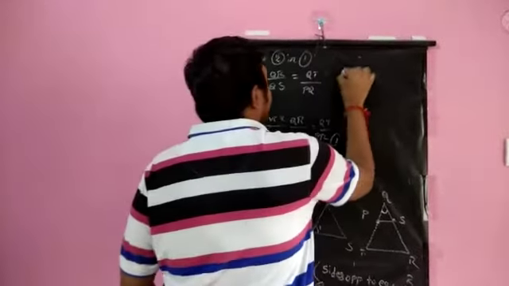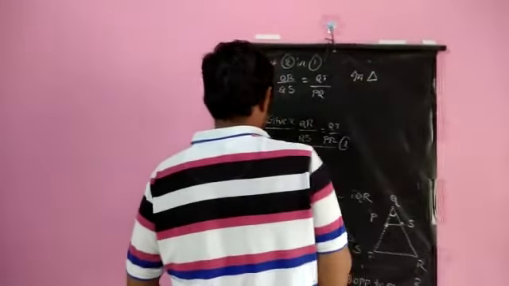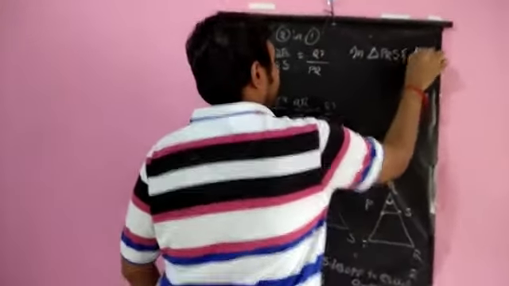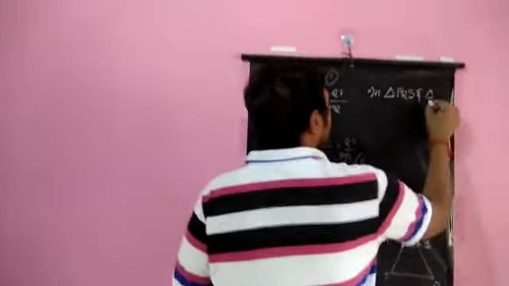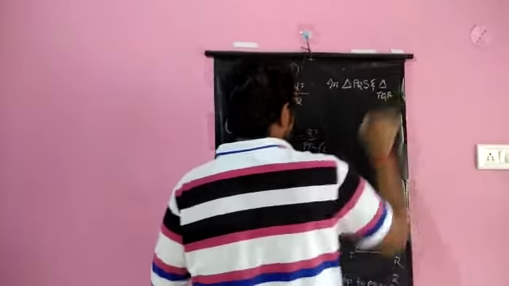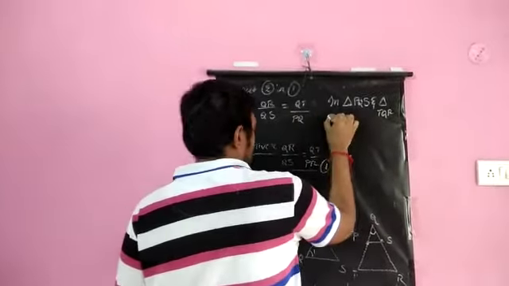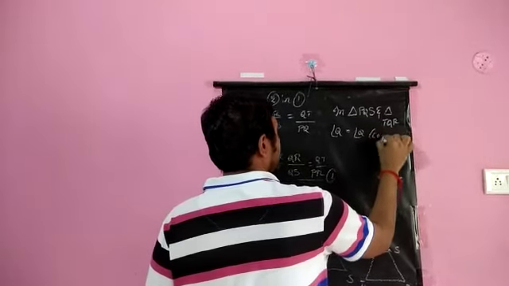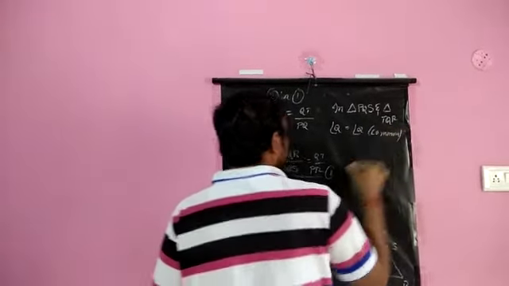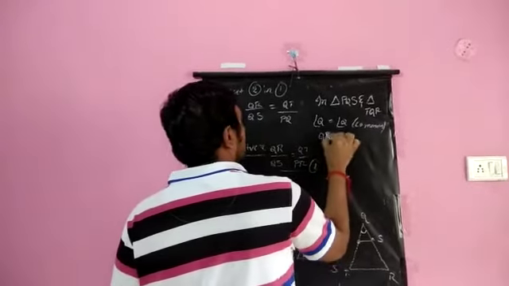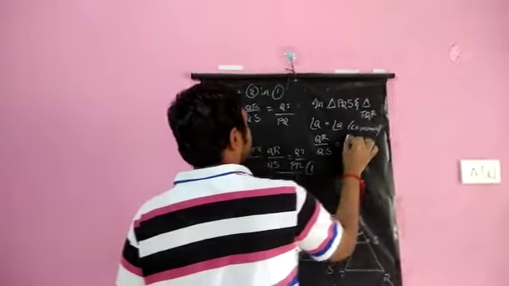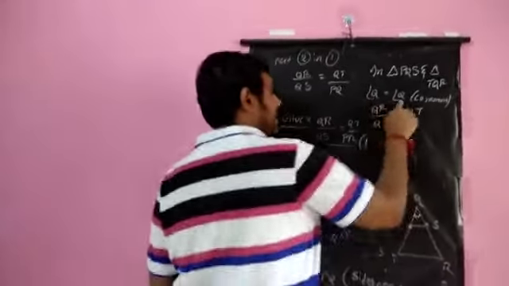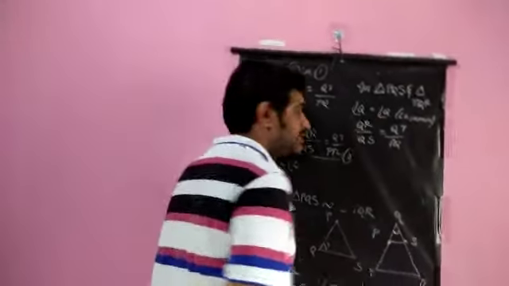In triangle PQS and triangle TQR, we have angle Q equals angle Q, that is a common angle in both the triangles, and we even have QR by QS equals QT by PQ. Sides and one angle equal, and the sides including those angles are proportional.